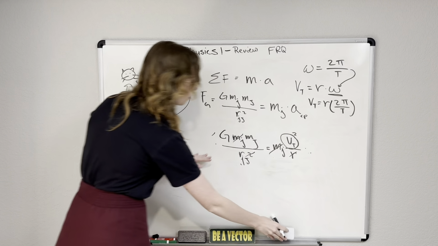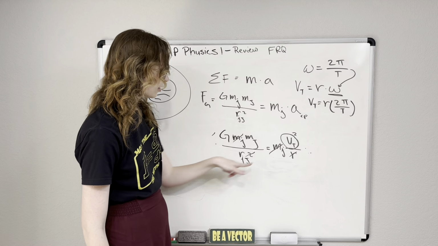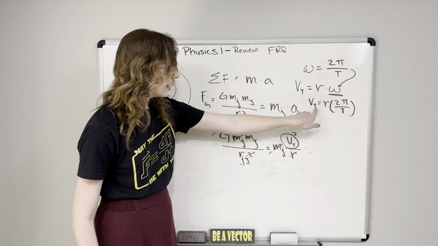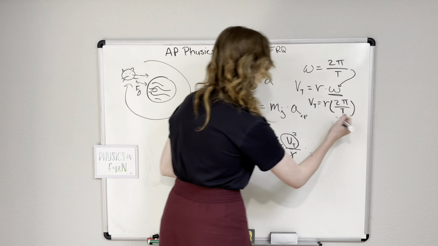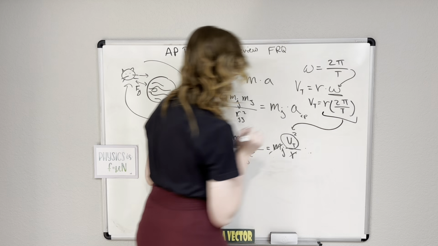Okay, so if we're right back here, when we have g times our two m's divided by r squared is equal to m times v squared over r, well, I now know that I can rewrite v as this expression that has T in it. So the next step of our little daisy chain would be to take this guy and plug him in for v.